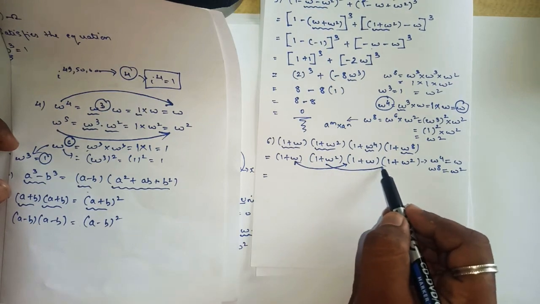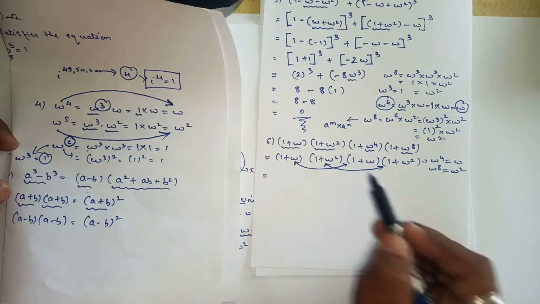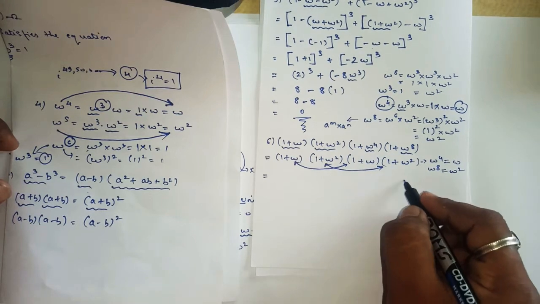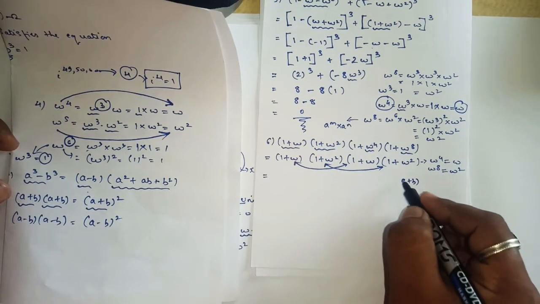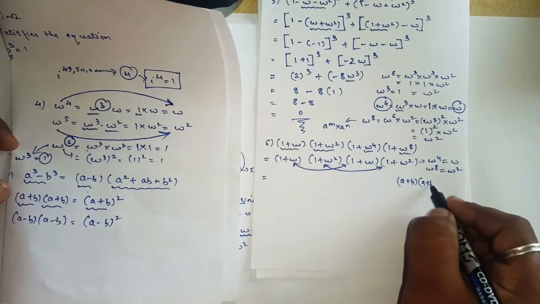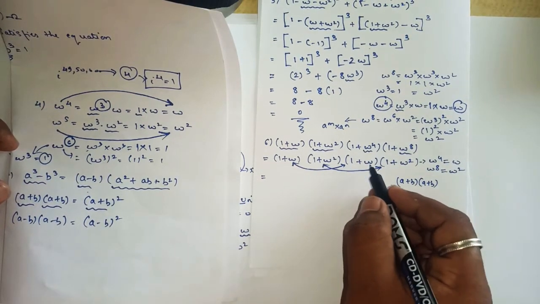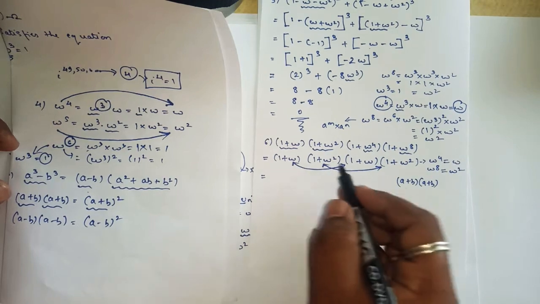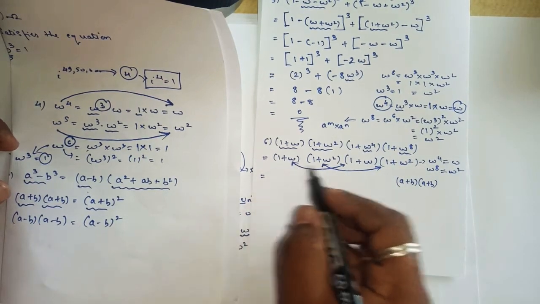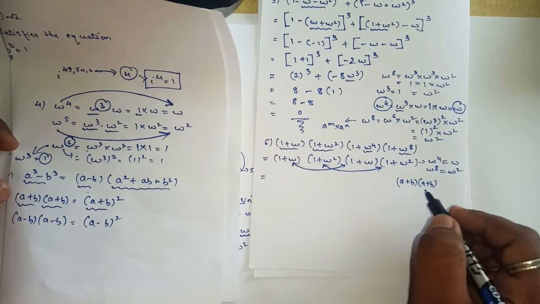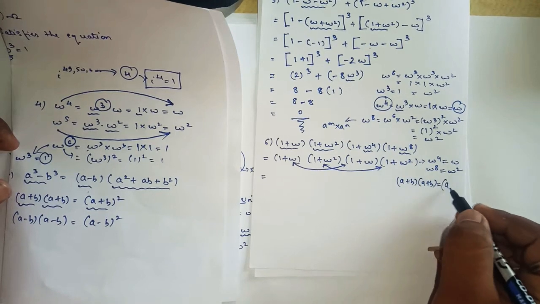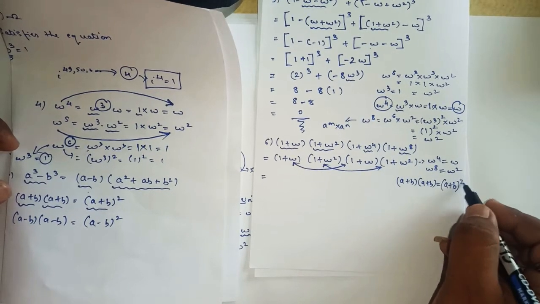So this looks like a plus b and a plus b. We'll consider this part as a, this part as b, this part as a, this part as b. So this looks like a plus b, a plus b. As we know, a plus b, a plus b, we can write as a plus b the whole square. Yes or no?